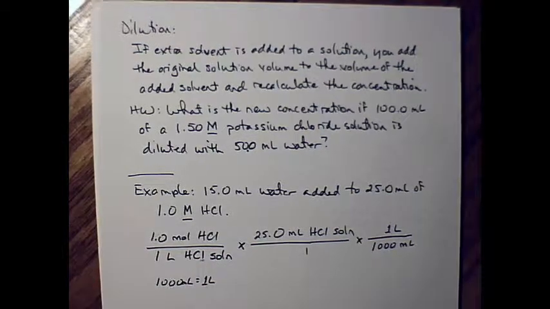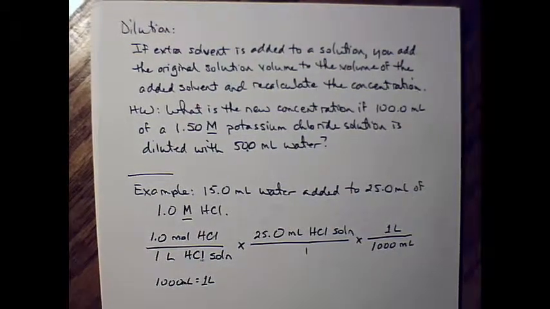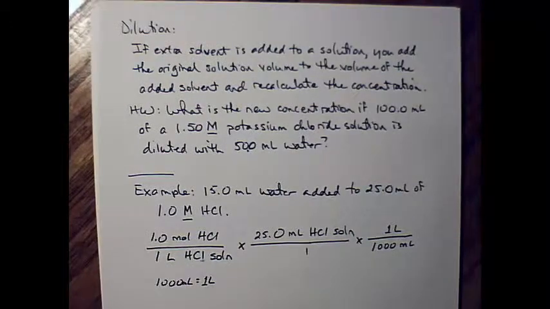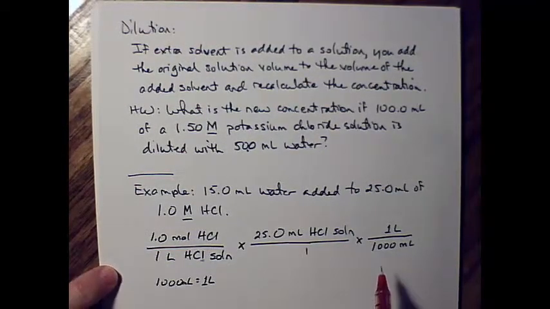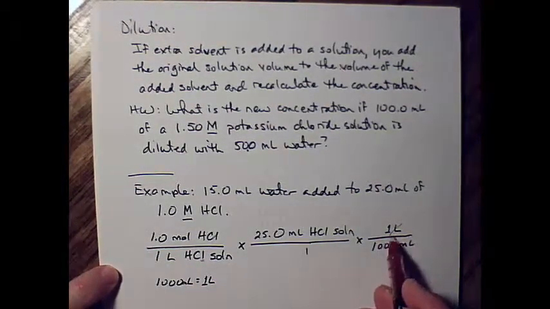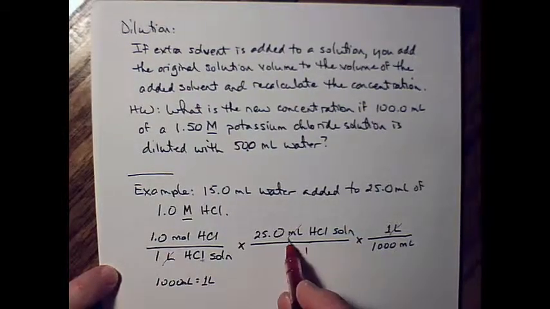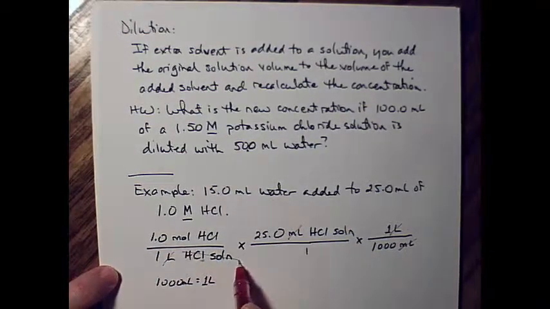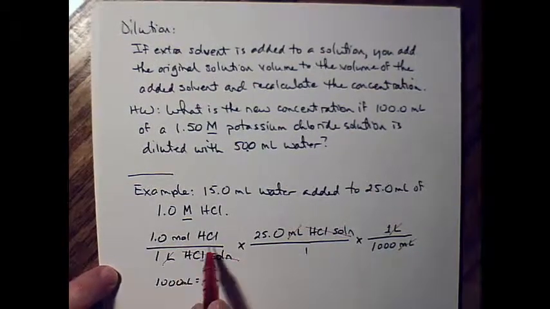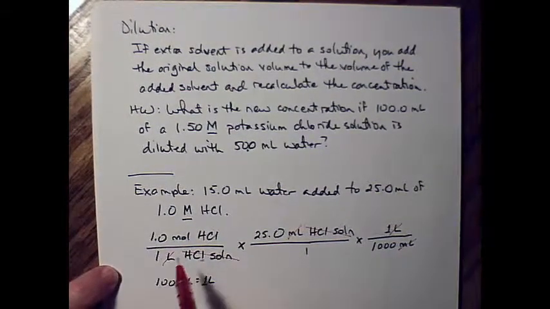Some people missed a lot of points on the test because they weren't doing the dimensional analysis. So be careful that you do this. Liters are going to cancel here. Milliliters cancel here. HCl solution cancels out. All we have left are moles. This is going to allow us to calculate moles, and the dimensional analysis is showing us that's what we're going to get.